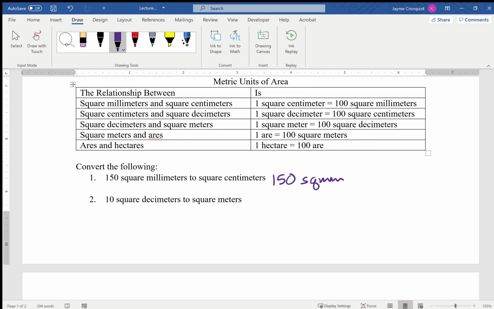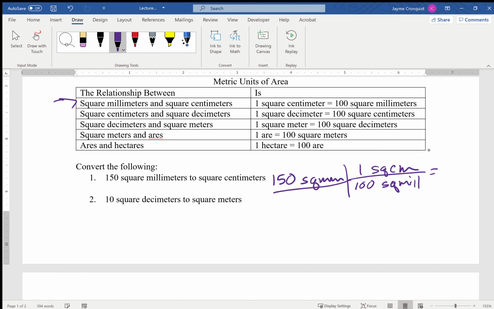So millimeters to centimeters, I know that I have 100 square millimeters in 1 square centimeter. So I have 150 divided by 100.